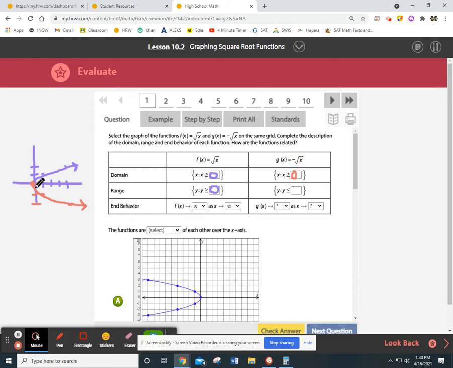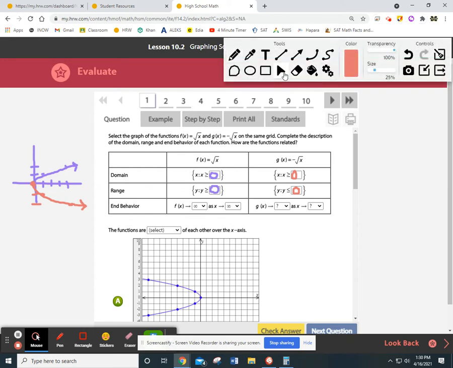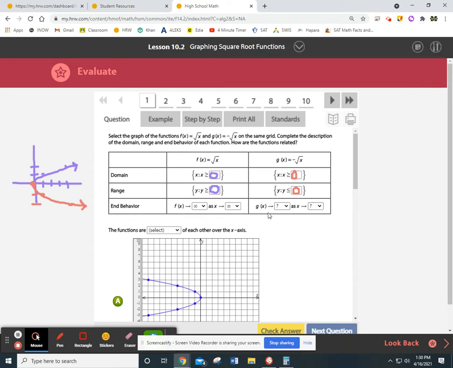However, the y's are going to keep going down, so they're going to be under 0, because 0 is the highest y value. For end behavior, remember g of x means the same thing as y. So the y's are going to negative infinity as the x's are going to positive infinity. As I go to the right, the y's keep going down.